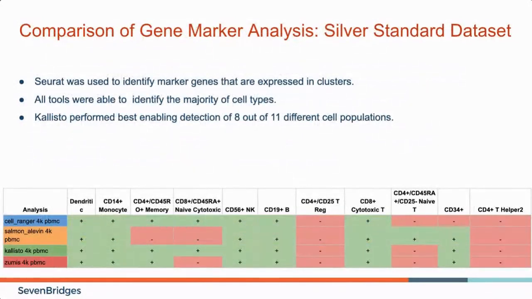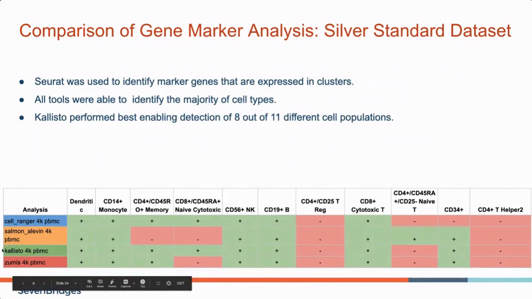Here we use Seurat to identify marker genes expressed in distinctive cell clusters in a silver standard dataset. And based on identification of marker genes, all of the tools were able to identify the majority of cell types. But again, Callisto performed best, enabling detection of 8 out of 11 different cell populations.